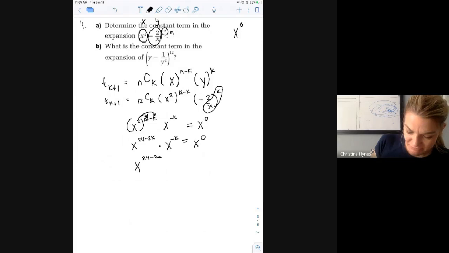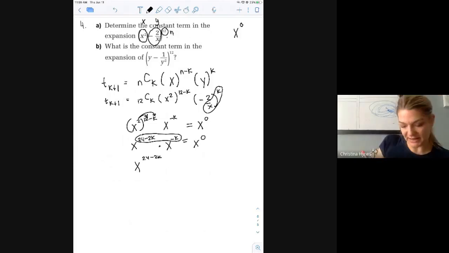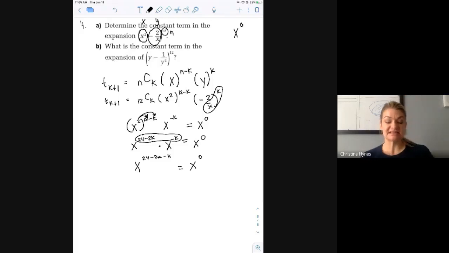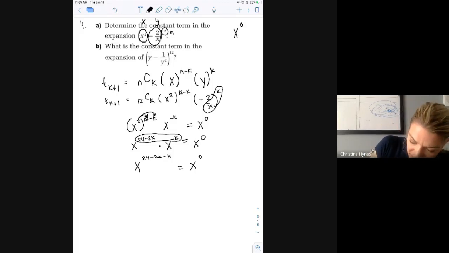So you're going to simplify it and add these two together. Two bases becomes a single base. So you're just going to write minus k at the top, because it's like plus minus k. And so that simplifies it to a single base and power on each side. So now we're just going to simplify the k's together. So it's going to be x to the 24 minus 3k equals x to the power of 0.